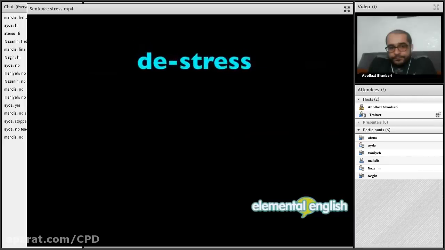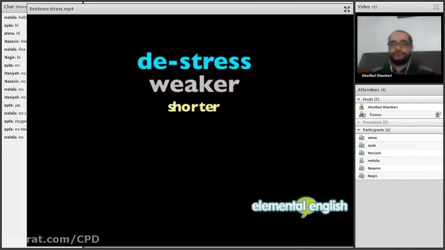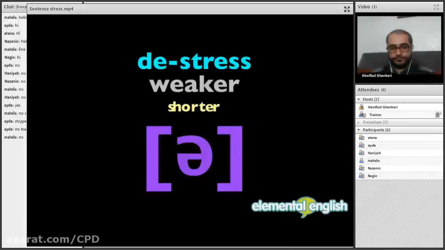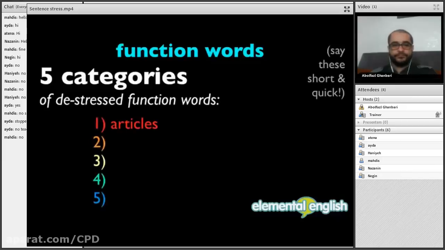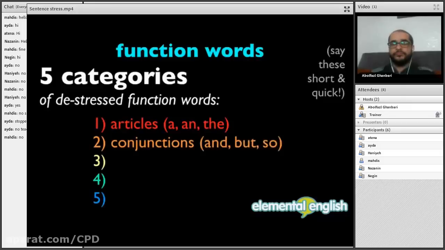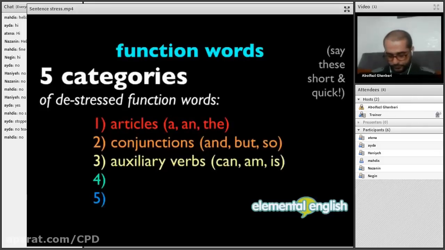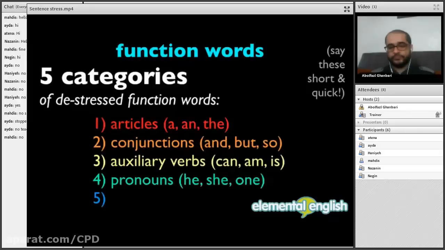To de-stress means we say function words weaker and shorter, many times with a schwa. The 5 types of function words that we de-stress are articles, such as a, and, the, conjunctions, like and, but, so, auxiliary verbs, can, am, is, pronouns, he, she, one, prepositions, to, for.